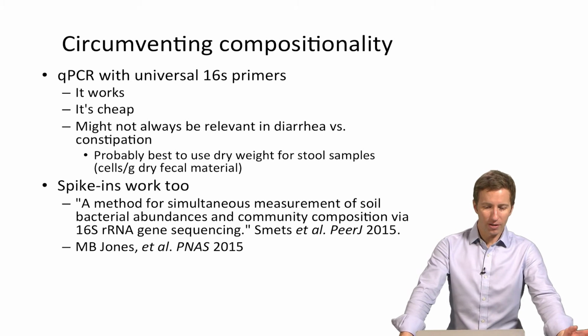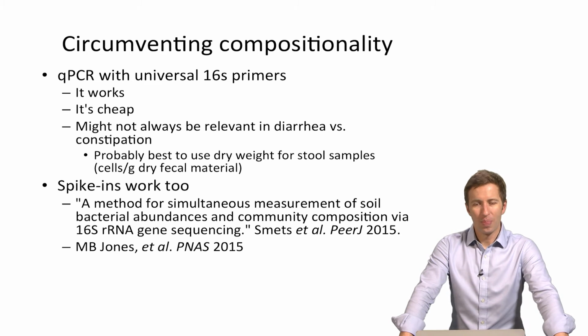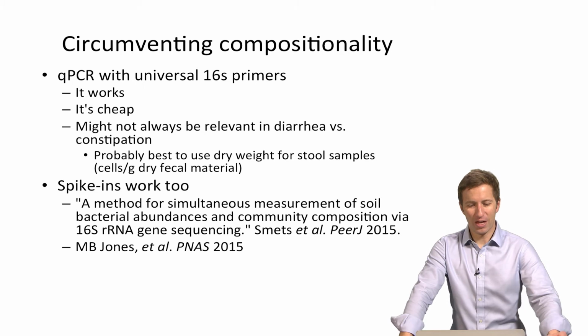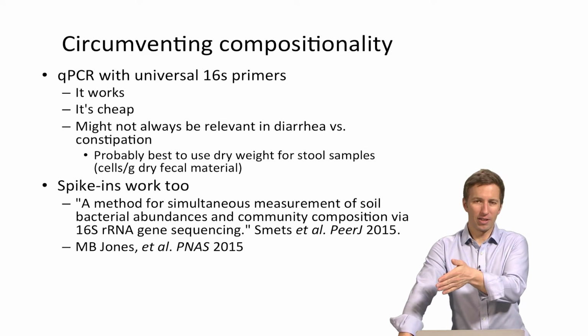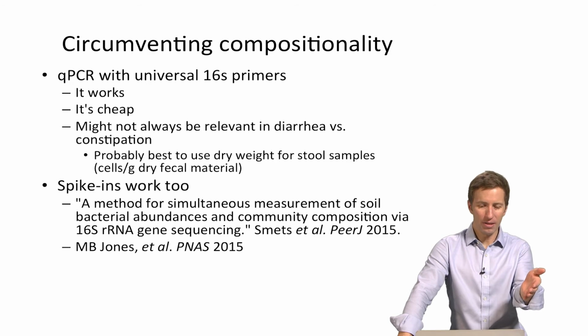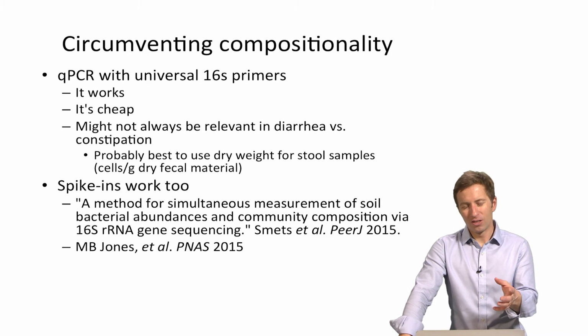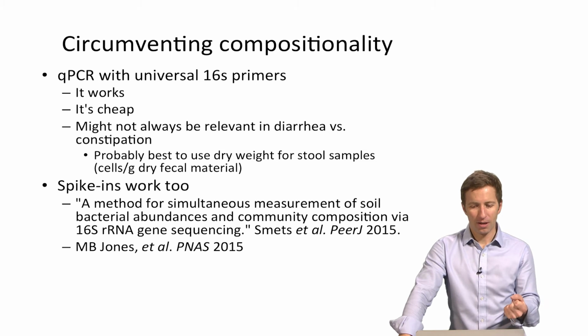There are ways to get around this. So I just showed you one example. If you do qPCR with universal primers for your bugs, then you can just multiply the relative abundances by the total load. This works, it's cheap, it's easy to do. It's a little tricky to know how relevant it is in certain environments.